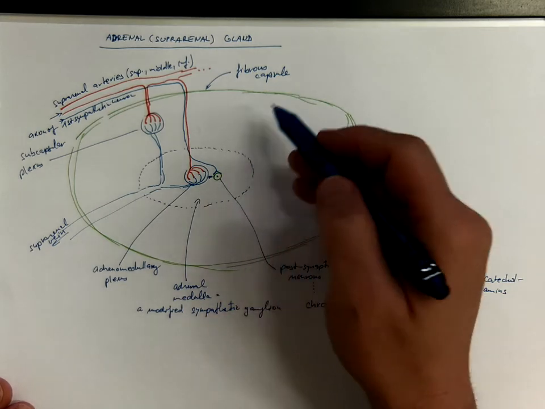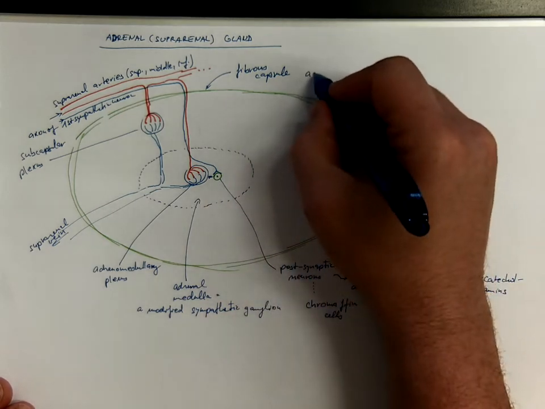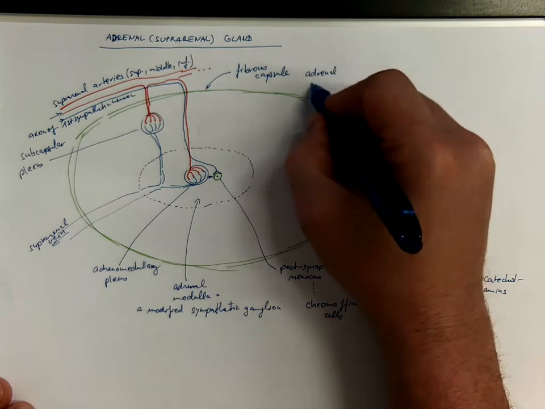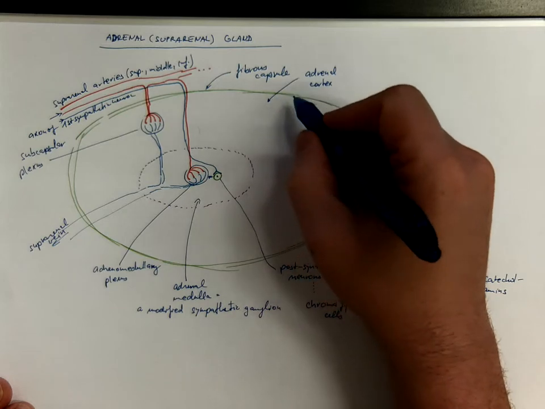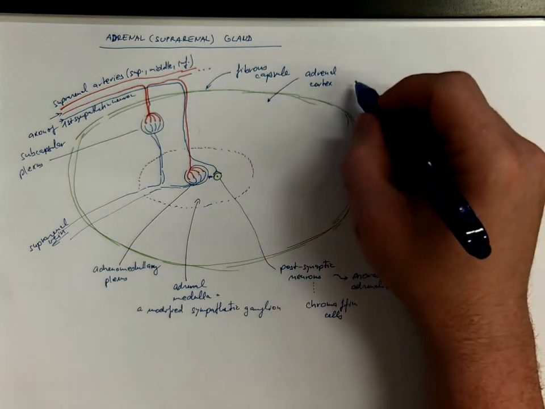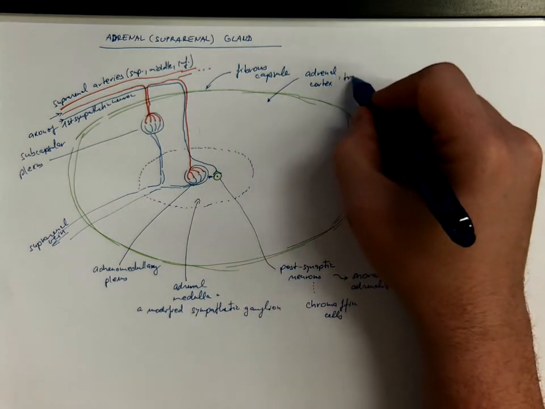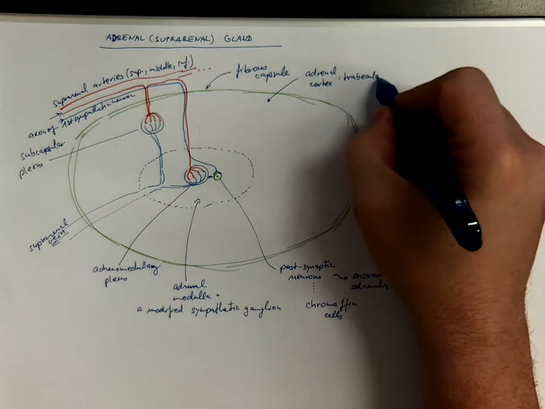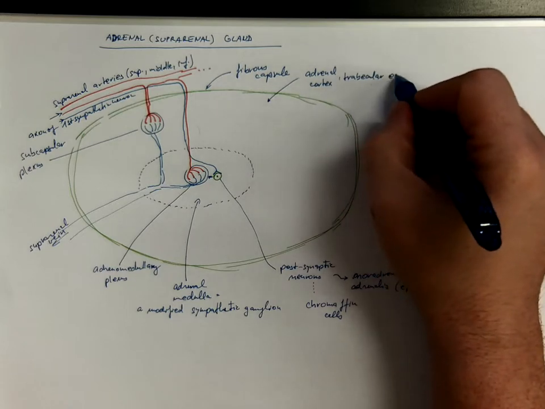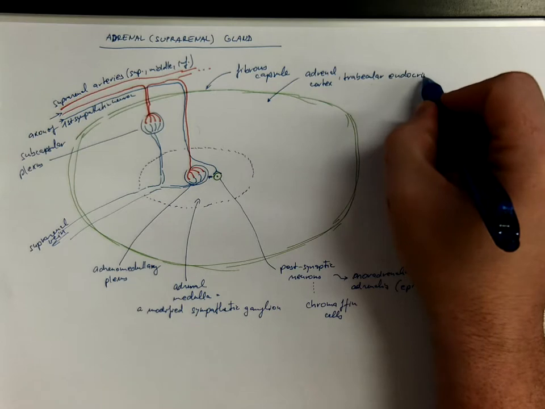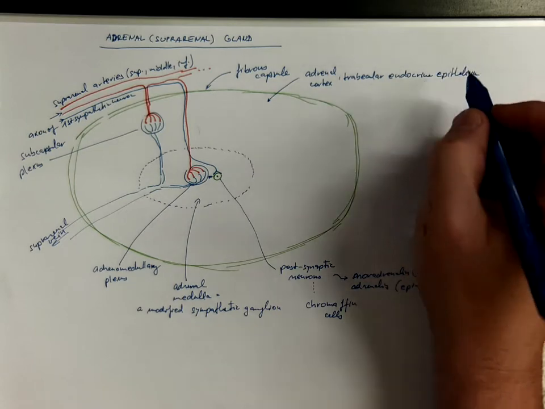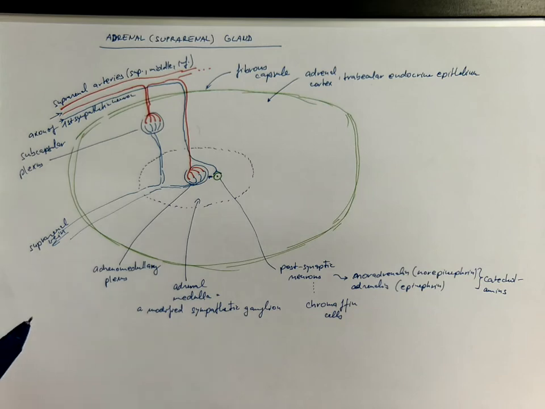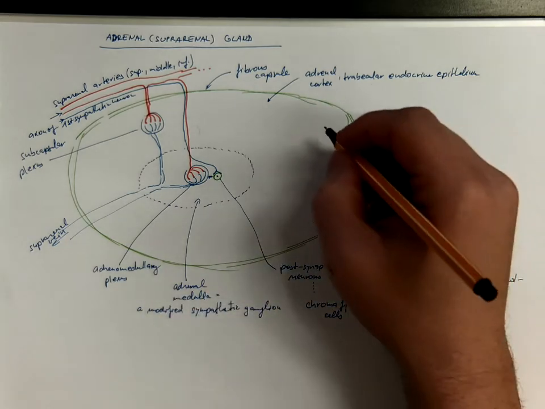Well, the cortex is completely different. The adrenal cortex is made of trabecular endocrine epithelium, and these trabecules are organized in different way.